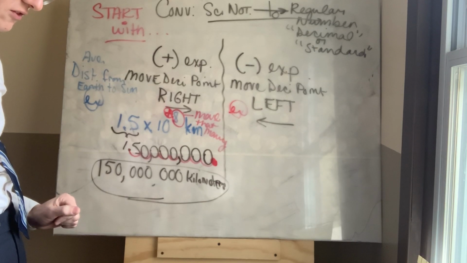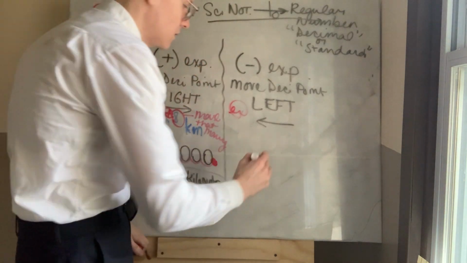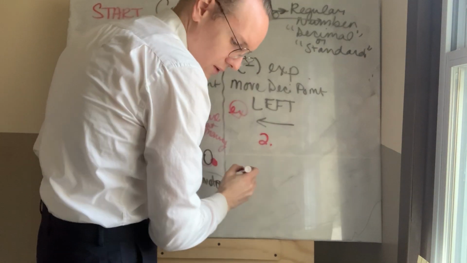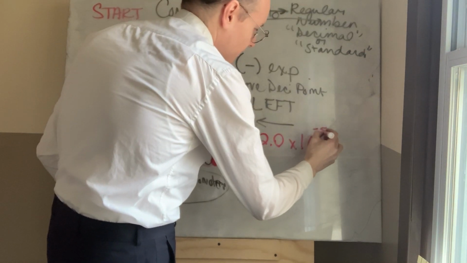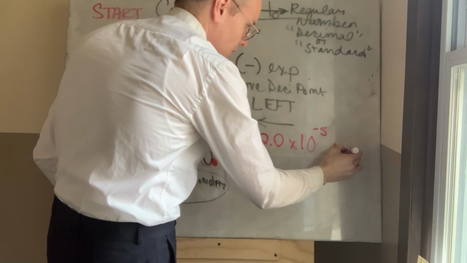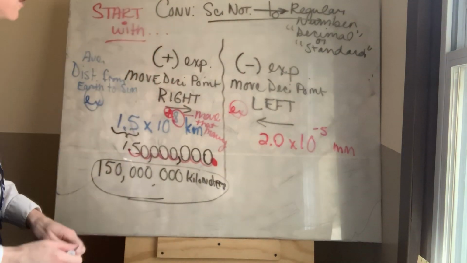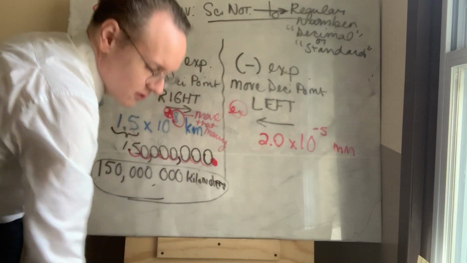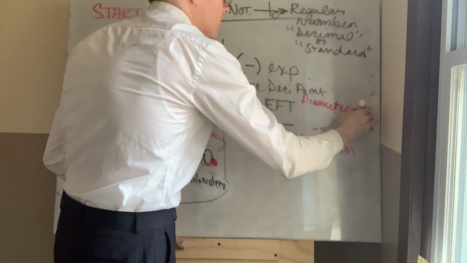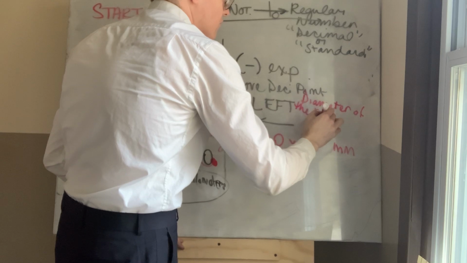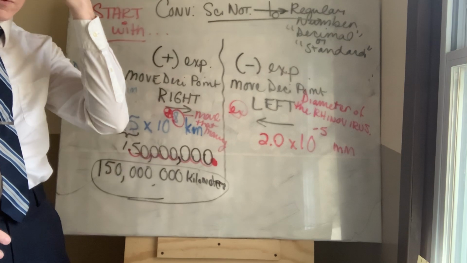Okay. Now, let's say we had an example like this to start with. 2.0 times 10 to the negative 5th millimeters. Okay. This is the diameter of the rhinovirus, which, if you think of a virus, is quite small, right?